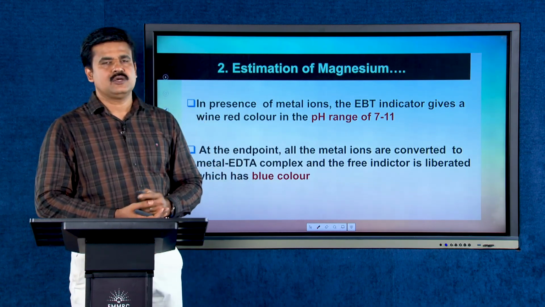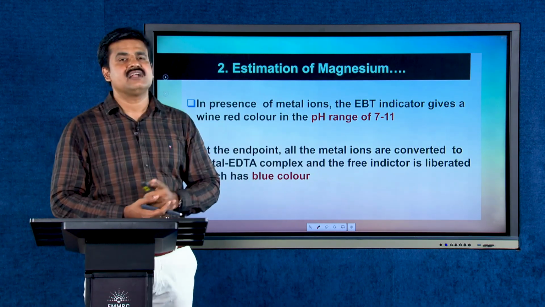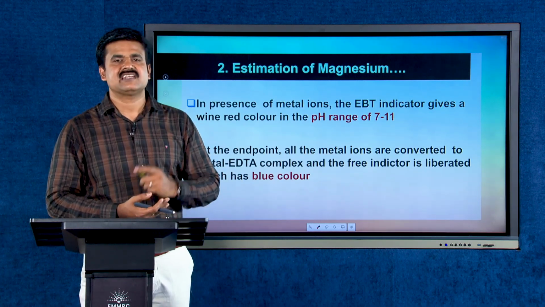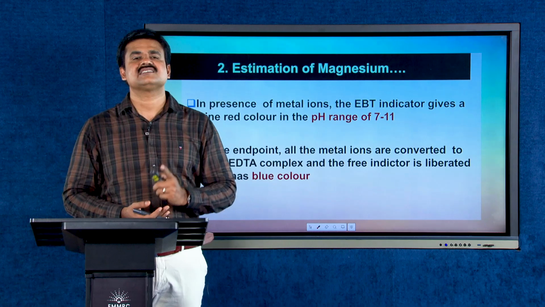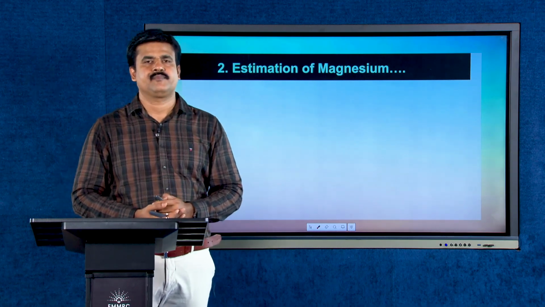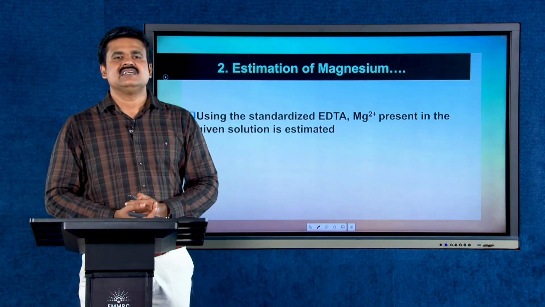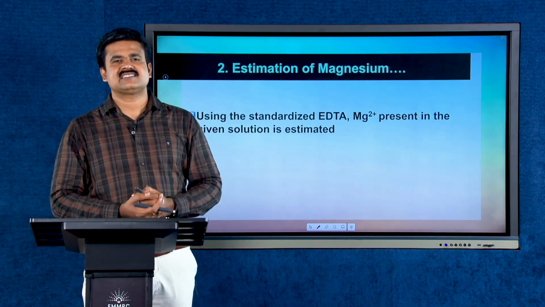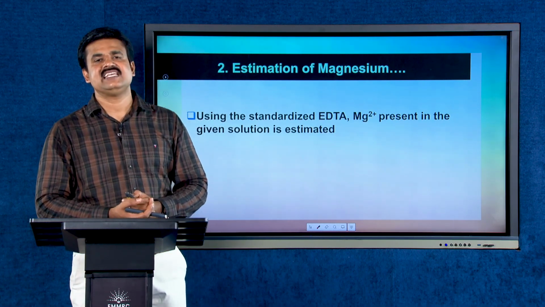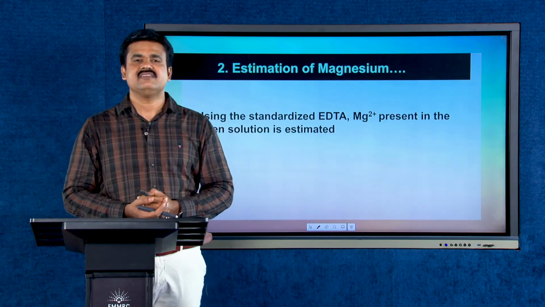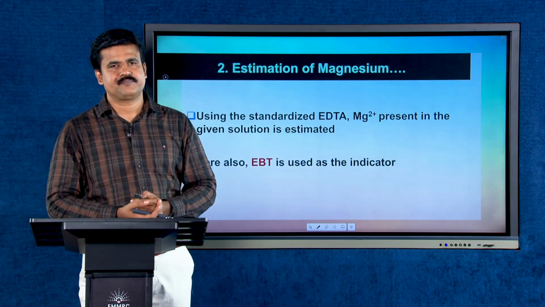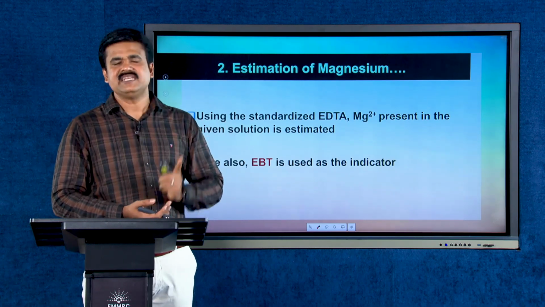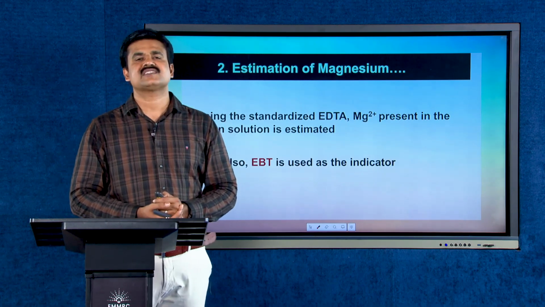At the end point, all the metal ions are converted into metal EDTA complex and the free indicator is liberated, which has blue color. Using the standardized EDTA, Mg2+ present in the given solution is estimated. Here also EBT, that is eriochrome black T, is used as the indicator.